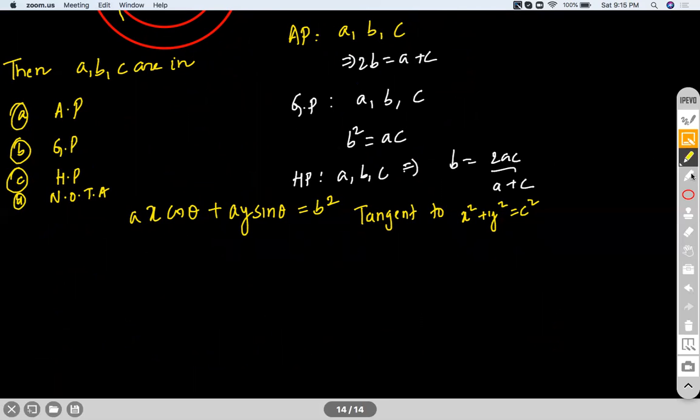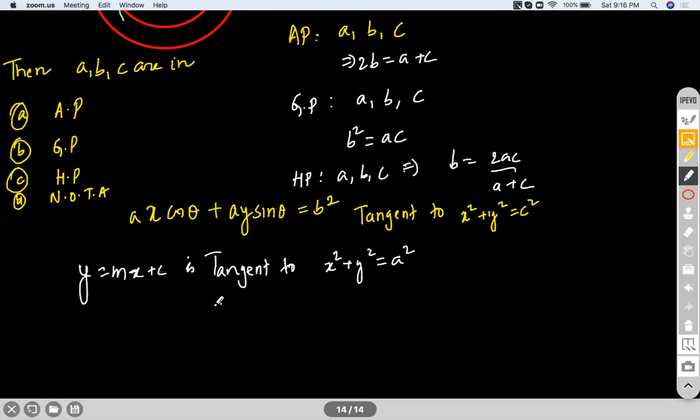Recall this formula: y equal to mx plus c is tangent to x square plus y square is equal to a square. What is the condition? c square is equal to a square into 1 plus m square.